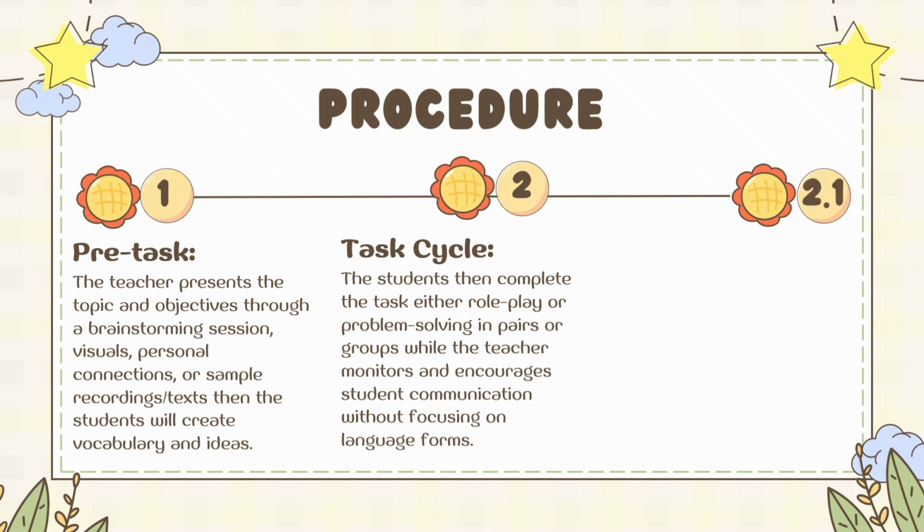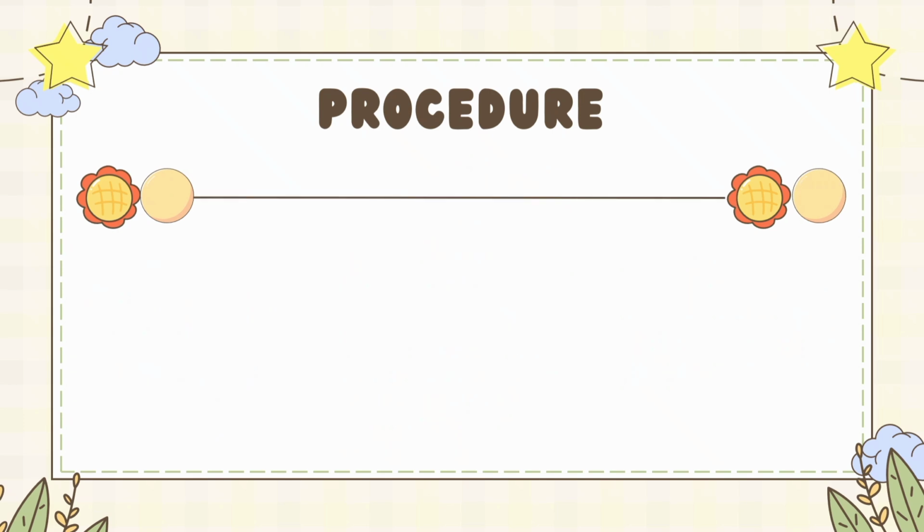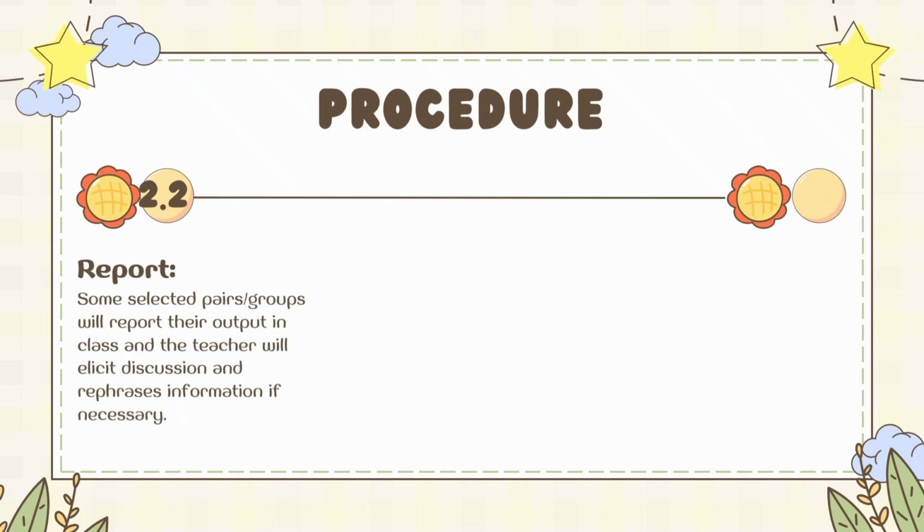Under the task cycle is the planning stage. The students will plan for a short report of their outcome. Then, selected groups will present their output in the report stage, while the teacher facilitates discussion and rephrases as needed.